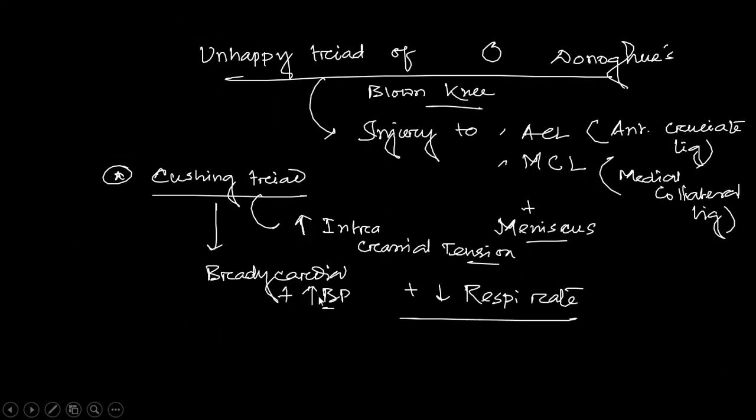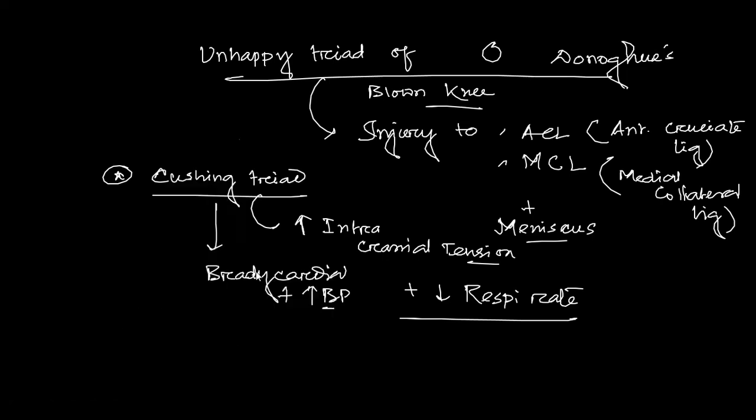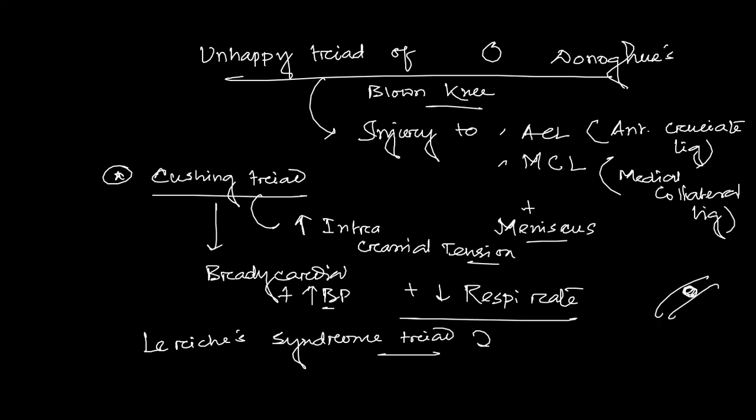Leriche syndrome triad. Just write it down. What is that? In Leriche syndrome, there is obstruction to the aortoiliac junction, in the aorta and the common iliac artery.